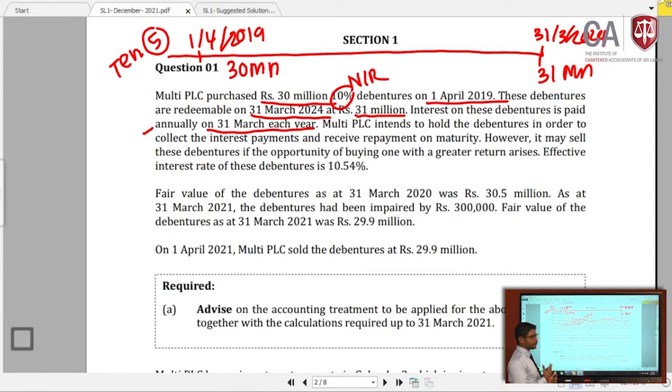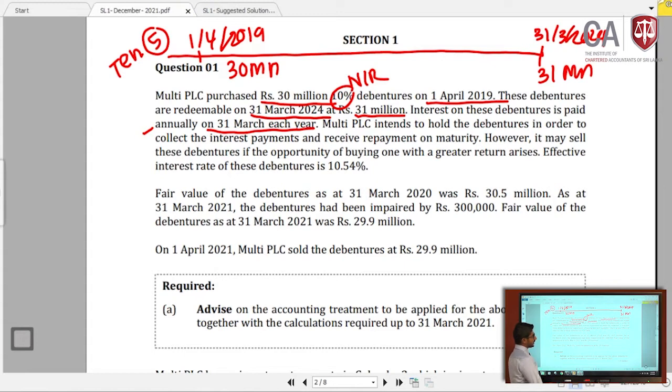Normally when it comes to leases, you might see the rent or installment paid in advance. But normally with financial instruments, most of the time the interest is received at the end of the period, the year or the 6 months. So here, at the end of each year you receive the interest on this debenture.